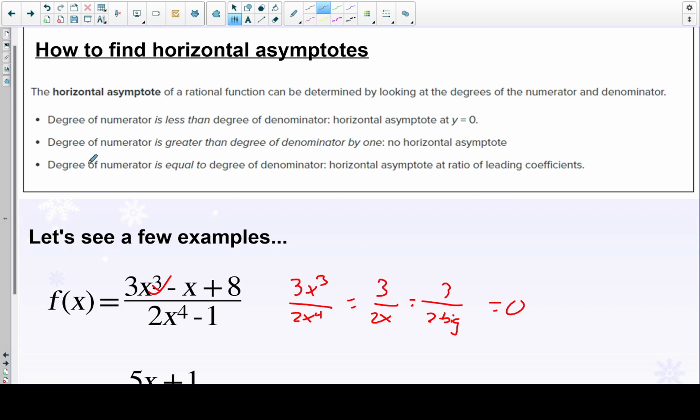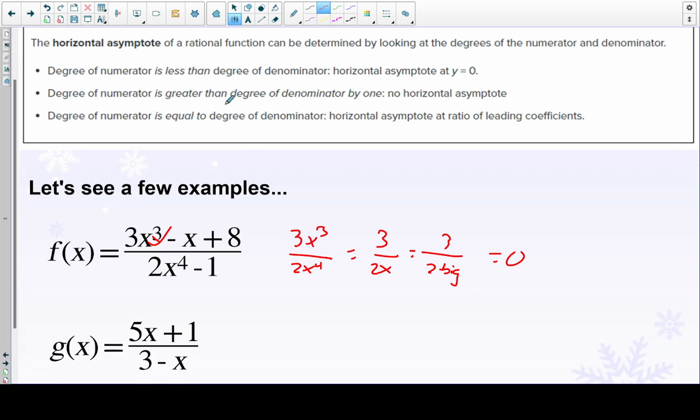Okay, now the next one, degree of numerator is greater than the degree of the denominator. Okay, if the numerator is bigger, degree of numerator is greater than degree of denominator by 1. No horizontal asymptote.